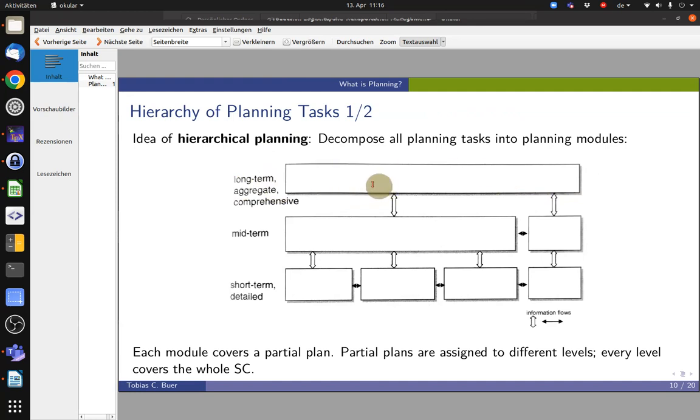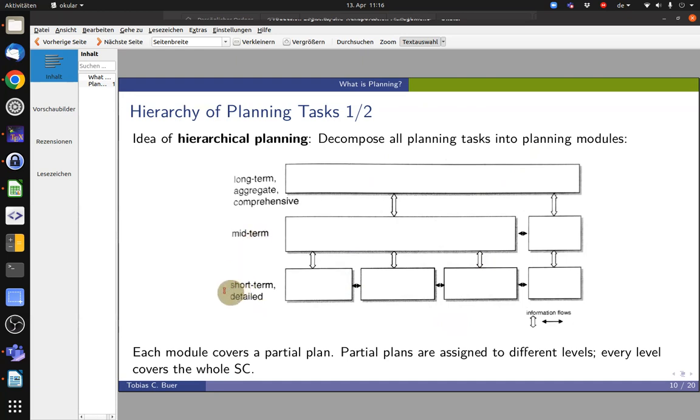So for example, as a car manufacturer, I plan on this level the number of cars in a certain range that I want to sell. I don't look at the specific brand of the car, the specific type of the car, or make or model of the car. These things will be discussed on lower levels.